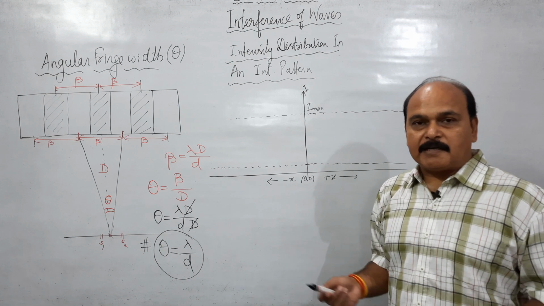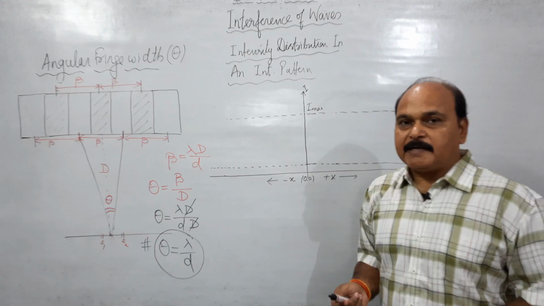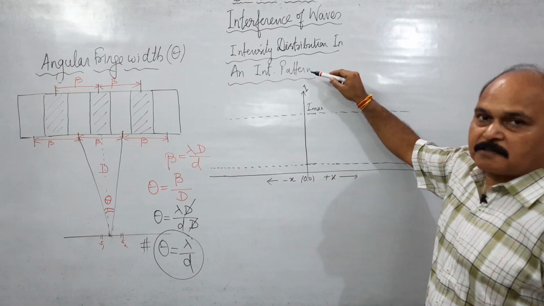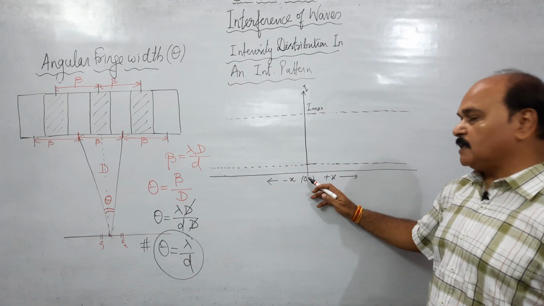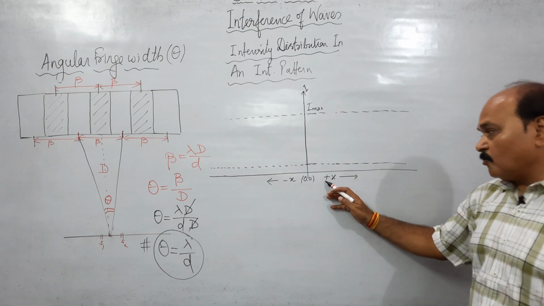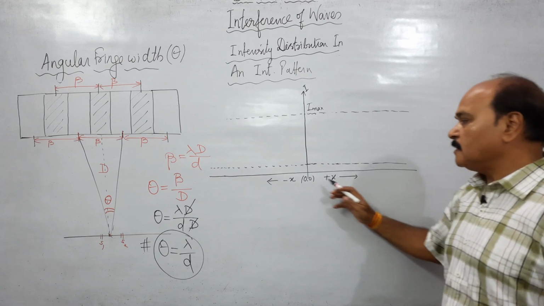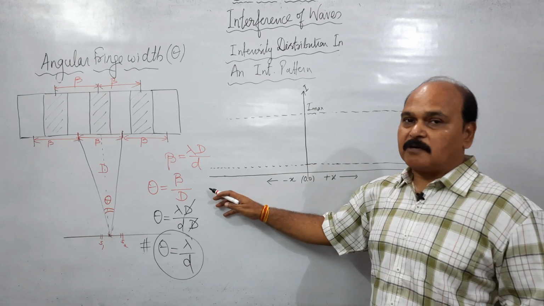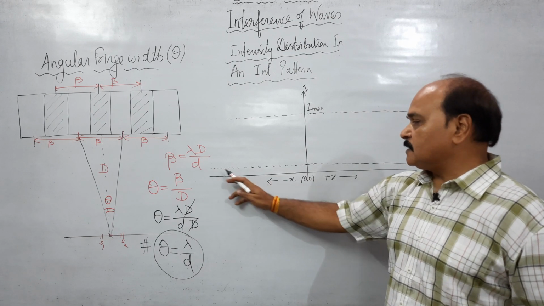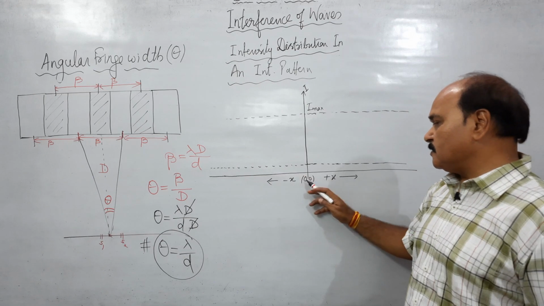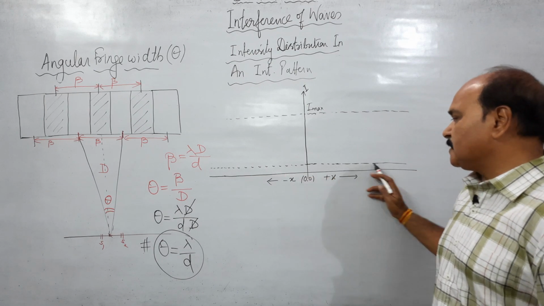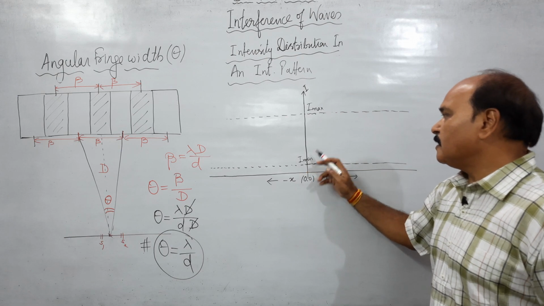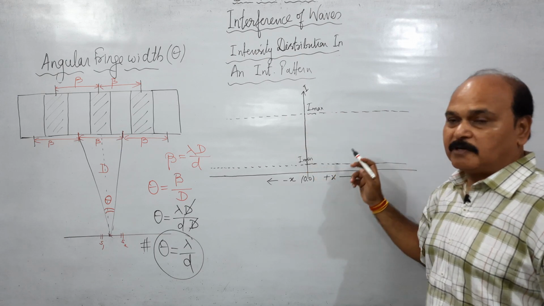Children, let us see the intensity distribution in an interference pattern. This is the intensity axis. This is the center of the screen. This is distance on one side of the center of the screen, and this is distance on the other side. This is 0, the minimum intensity level, and this is the maximum intensity level.